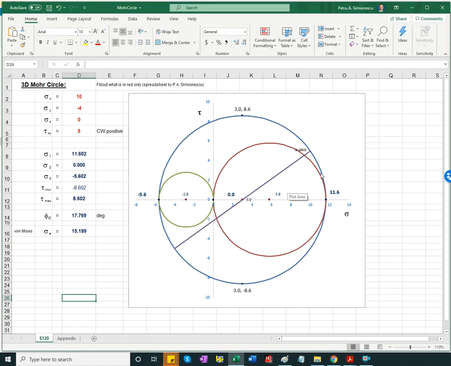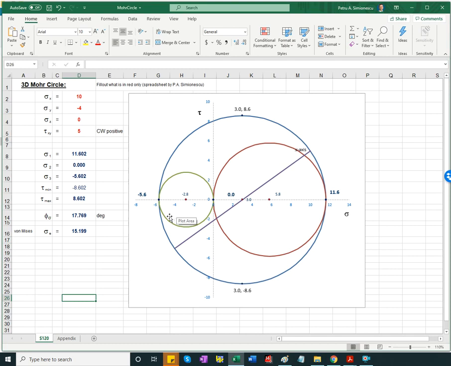So this angle is twice as much, that would be 35-ish. Okay, so Mohr circle exercise. We're validating my spreadsheet with the book, or vice versa.